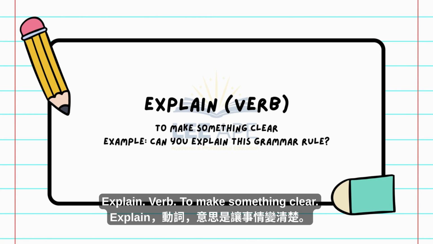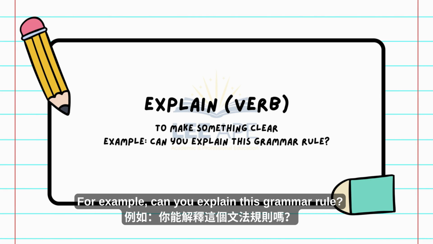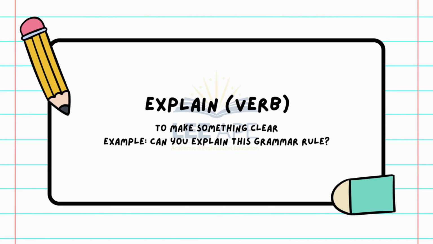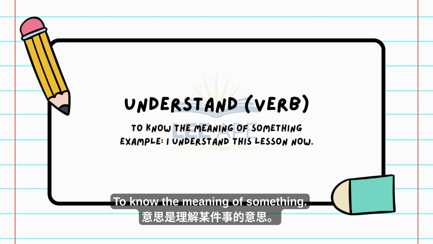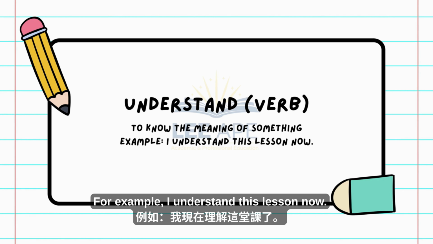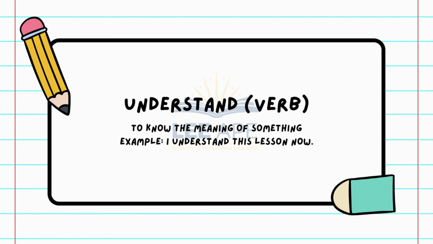Explain, verb, to make something clear. For example, can you explain this grammar rule? Understand is a verb, to know the meaning of something. For example, I understand this lesson now.